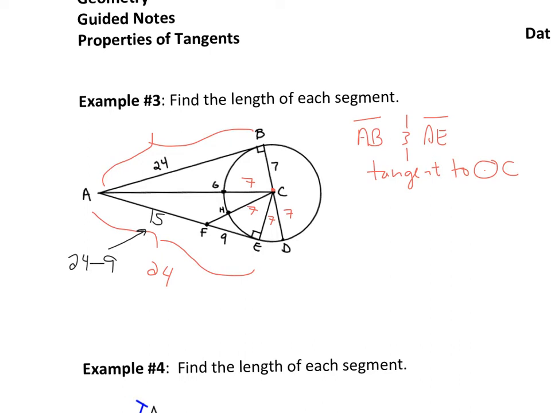So now the last segment we really have to find is AG, which is this segment right here. This one's probably the hardest one to see, but if I look at triangle ACE, I'll try to draw it over here.